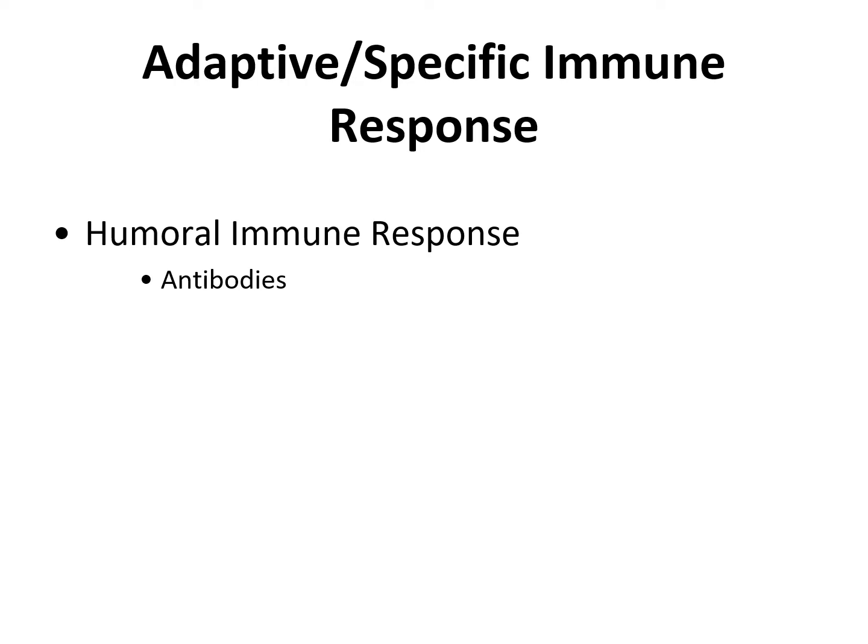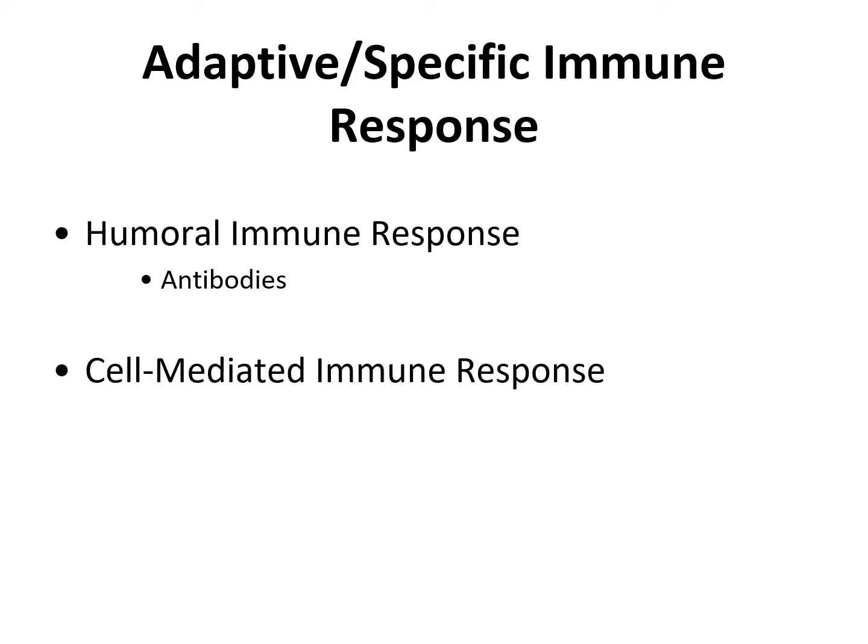The second part of your adaptive or specific immune response is the cell-mediated immune response. Cell-mediated, this is referring to T cells. So T cells are the main mediator of your cell-mediated immune response. And what the T cells basically do is they kill eukaryotic cells.